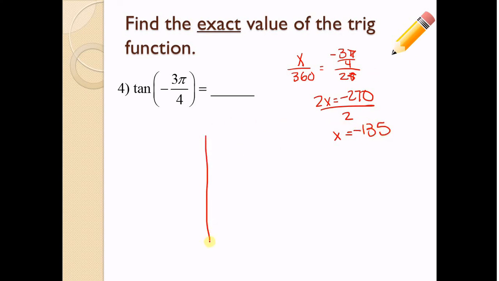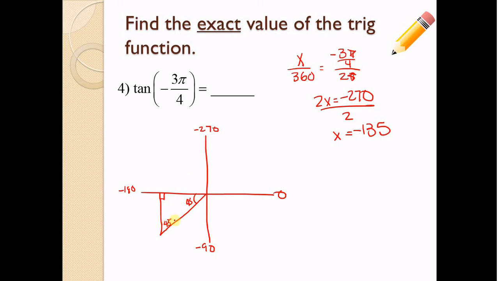So, draw my thing in here. 0, negative 90, negative 180, negative 270. So negative 135 goes about right there. Drop my perpendicular. My angle. How many degrees between 135 and 180? 45, right?